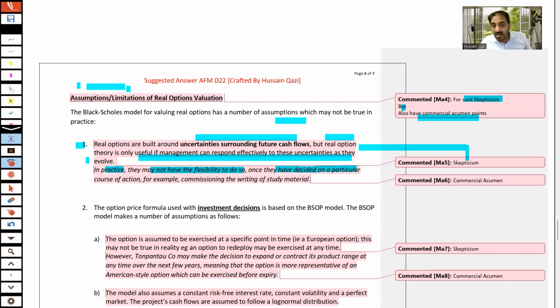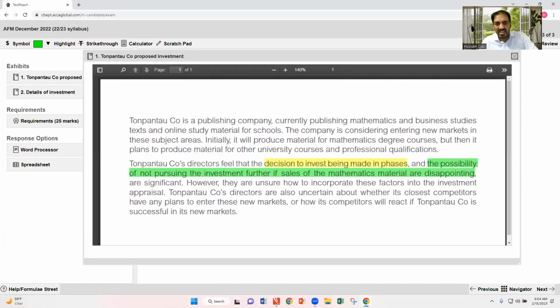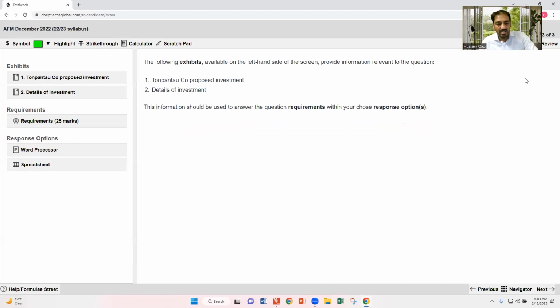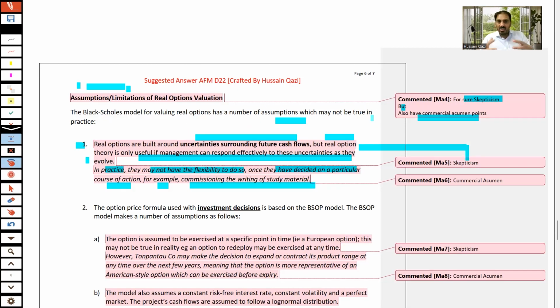Once they have decided on a particular course of action, for example, commissioning the writing of the study material, it means if we start the investment and we have appointed some content writers or other persons with respect to this business model. For example, for content making, we have already appointed some staff on a commission basis.